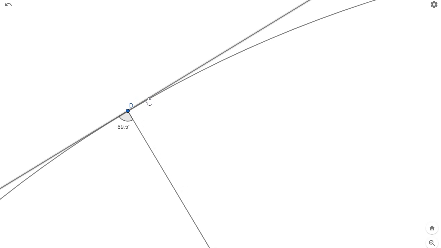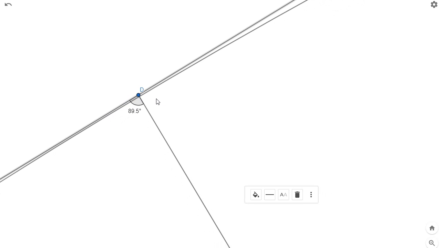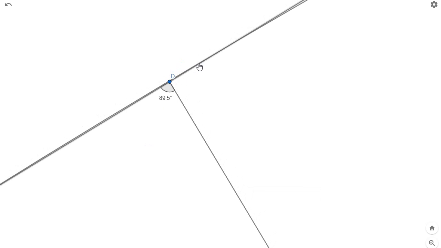And maybe that's a little bit better. Let me get a little bit closer. I'm gonna zoom in even more. And I'm going to move that line once again so that it appears that it touches the circle at exactly 1 point. So maybe there.